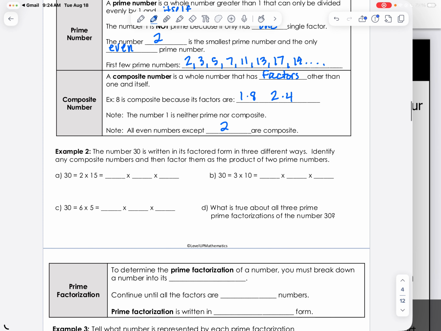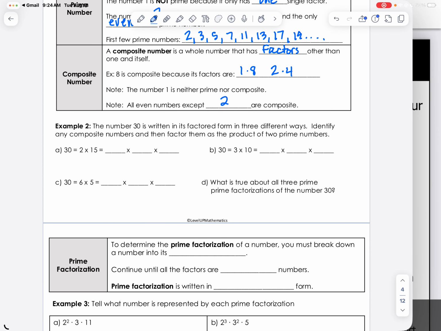Example 2. The number 30 is written in its factored form 3 different ways. Identify any composite numbers and then factor them as the product of two prime numbers. So in our first example, we have 30 is factored into 2 times 15.